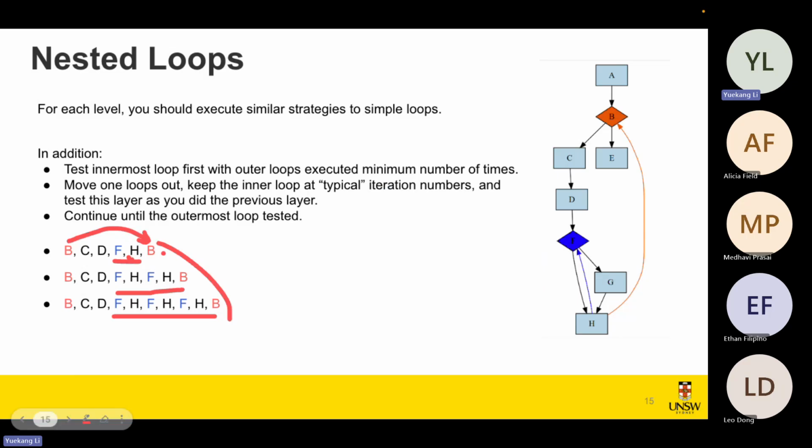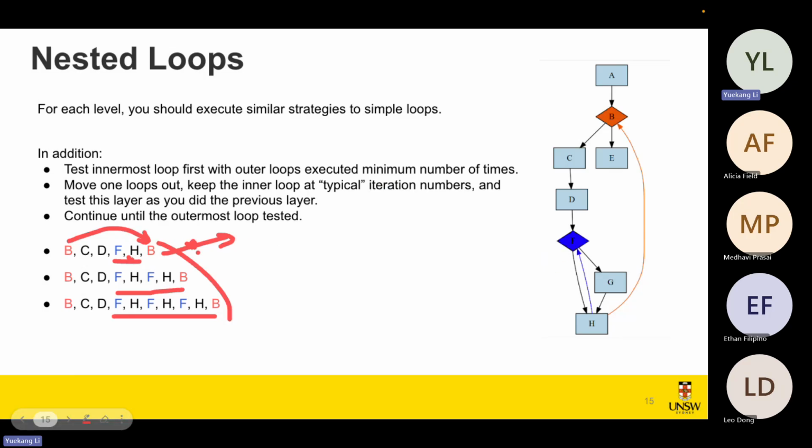What we can do is, for each test case, for a fixed value here, a normal value inside the innermost loop. This one is a little bit special because we don't have the actual code. We don't know whether there's an exit for this innermost loop or not.